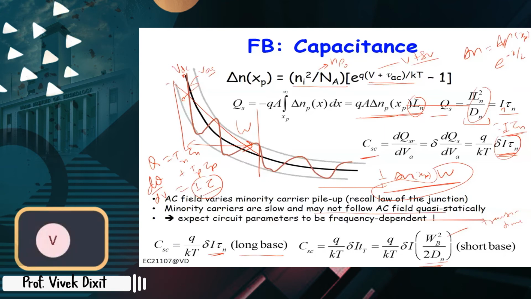So if your frequency is low, these carriers will have enough time to respond, so not an issue. But if your frequency is higher, now these carriers cannot respond so fast. So in that case, the parameters will be dependent on the frequency. Unlike the majority carriers or reverse bias, where these carriers could respond very fast, so parameters were sort of independent of the frequency. In forward bias, they are dependent on frequency.